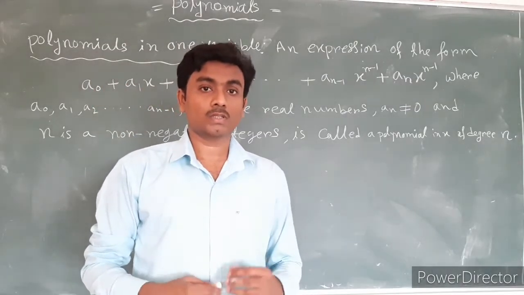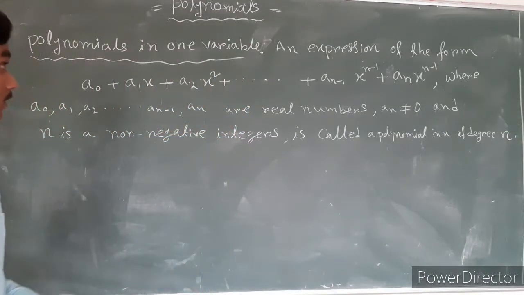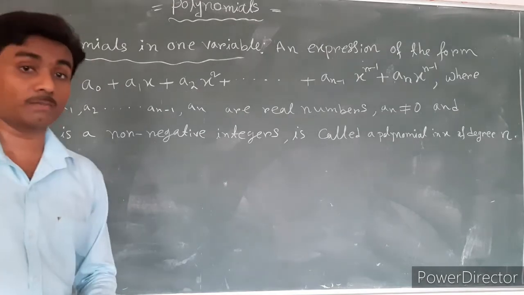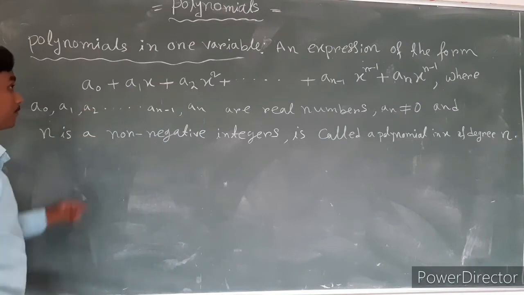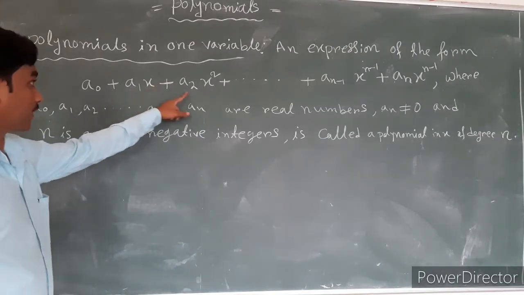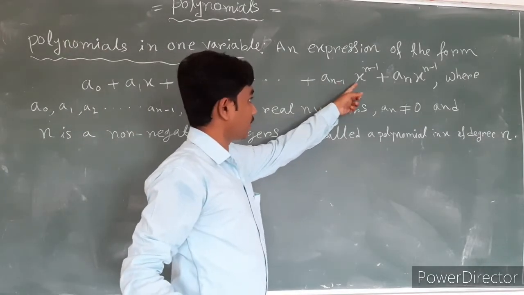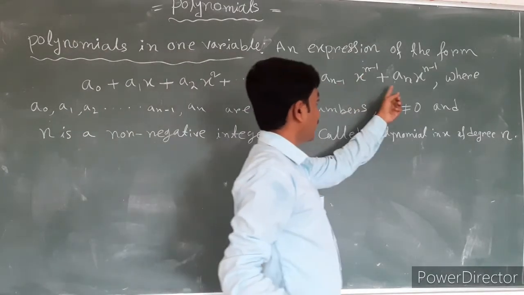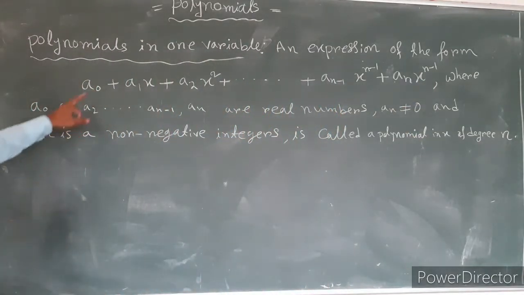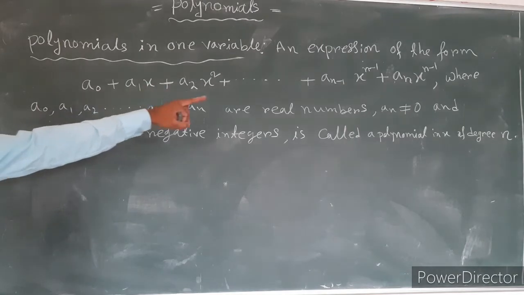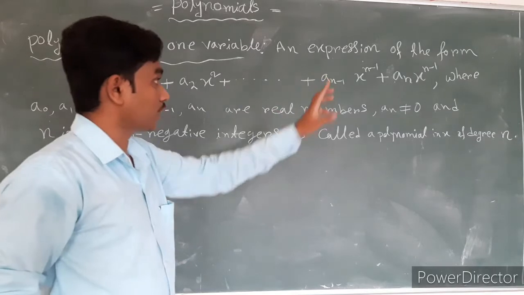Next we know the definition of polynomials. Polynomial in one variable: an expression of the form a0 plus a1x plus a2x square plus dot dot dot plus an x to the power n, where a0, a1, a2 dot dot an are real numbers and an not equal to 0.